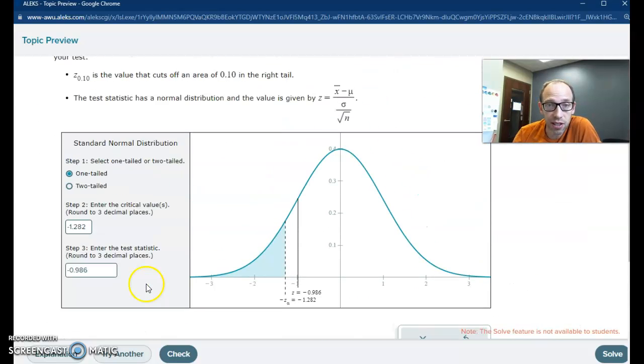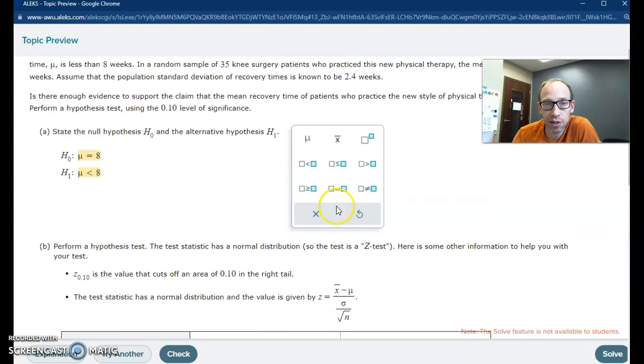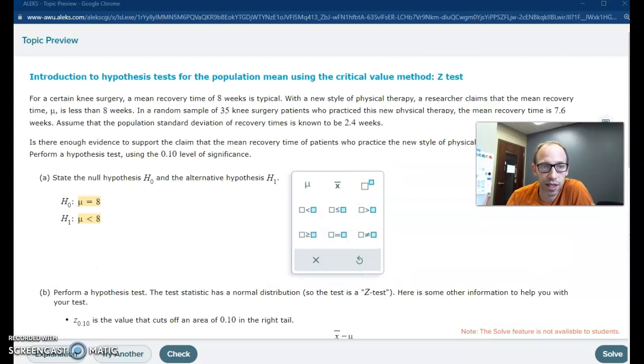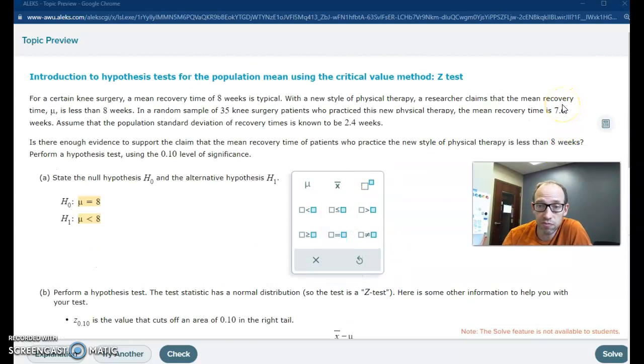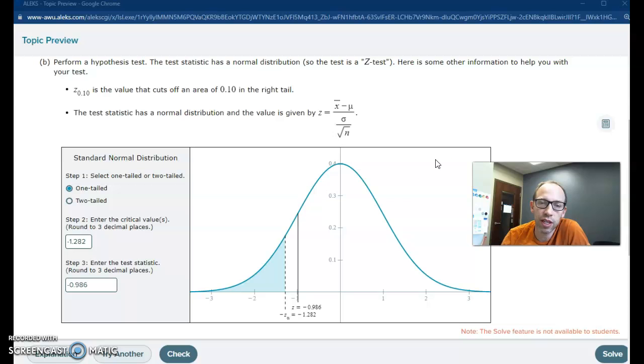So yes, our sample mean was indeed lower. It was 7.6, which is great. Maybe there's some chance for this new method, but it wasn't a strong enough result. Here is where we would have had to be to be convincingly sure that this new method is actually lowering the average for everyone, not just for this sample, below 8.